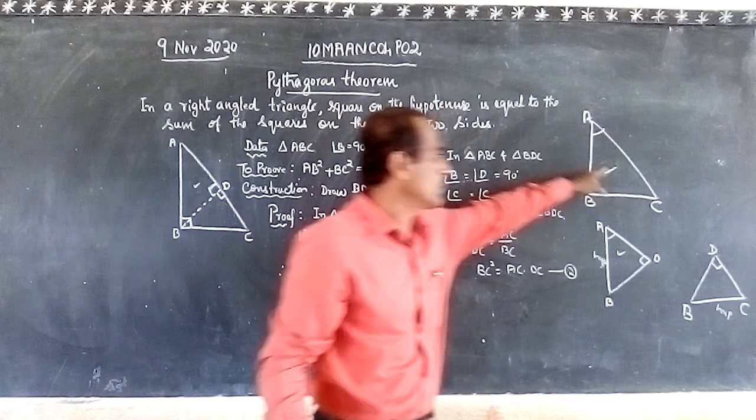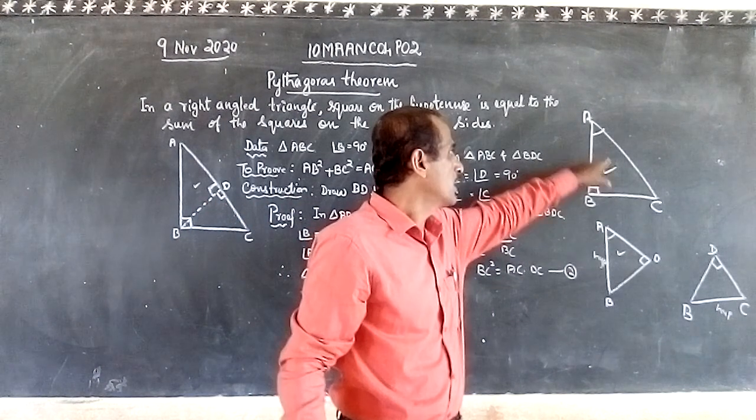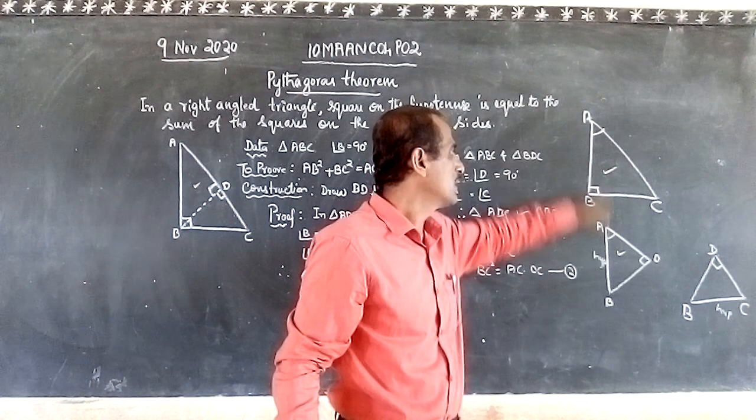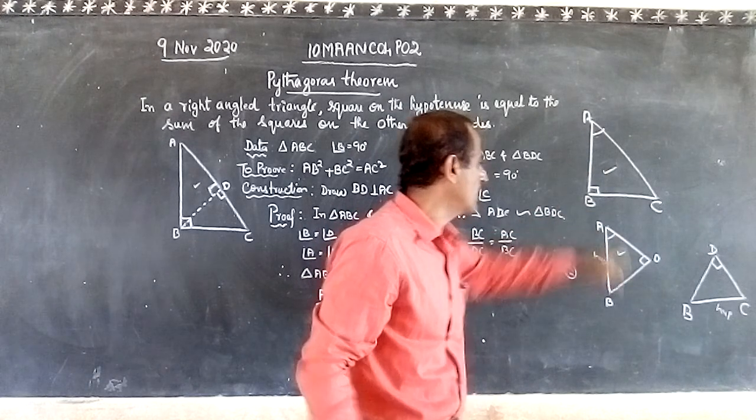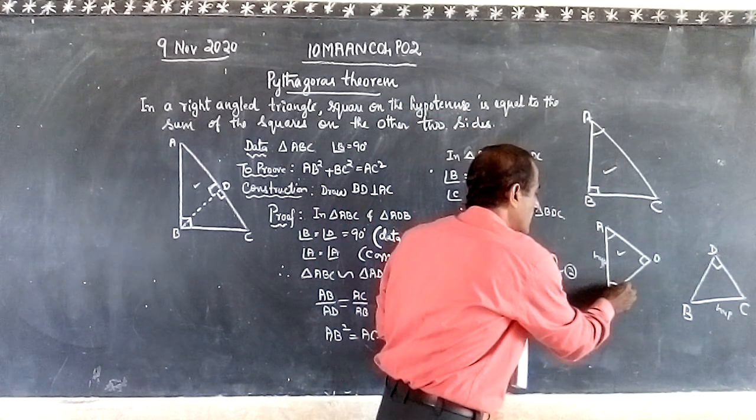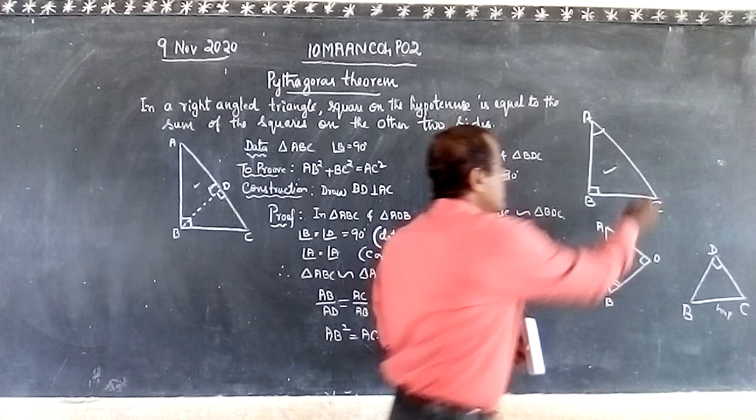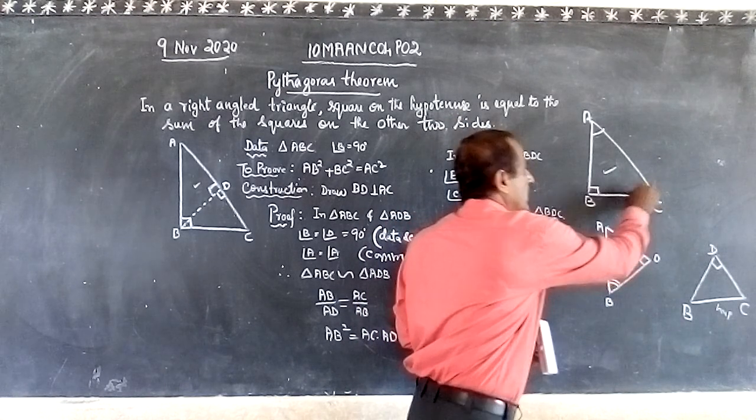If you compare these two triangles, two angles are correspondingly equal. This angle is equal to this angle. This angle is equal to this angle. Therefore, the third angle must also be equal to this angle. Why?